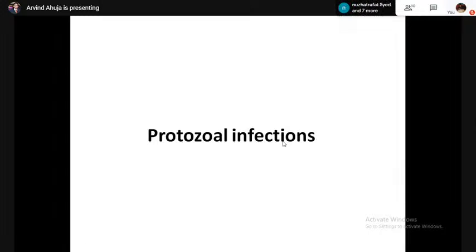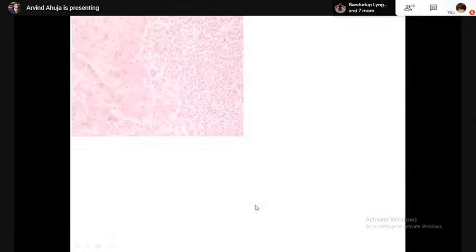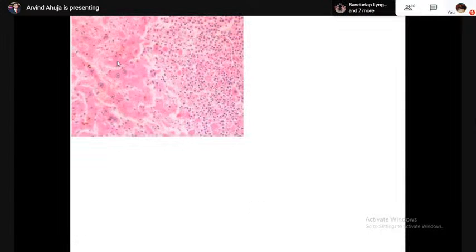Now protozoal infections also very commonly infect the liver. In this case, this is a photograph showing hepatocytes with a neutrophilic abscess, and these are the hepatocytes surrounding the abscess.